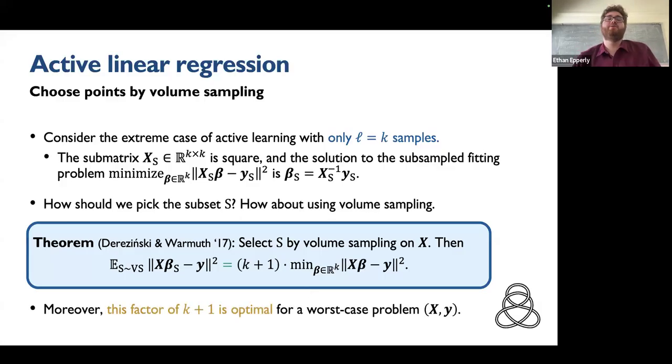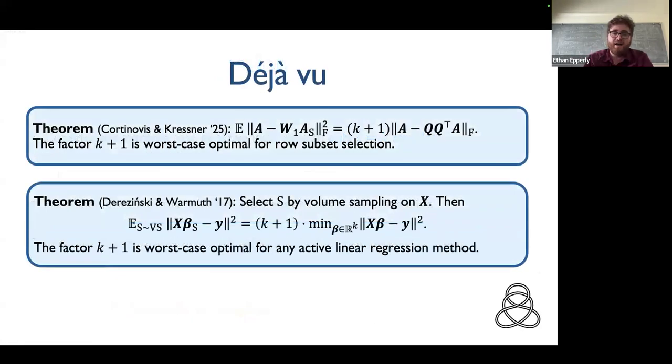And similar to previous parts of the talk, this number K plus 1 is optimal for a worst case instance of the least squares problem, X comma Y. All right, so I've now told you 2 theorems in this talk that look suspiciously similar. In Cortinovis and Kressner's analysis of adaptive randomized pivoting, they proved that the expected error of the algorithm is equal to K plus 1 times the error of projecting A onto Q. I stated that the factor K plus 1 is worst case optimal for row subset selection.